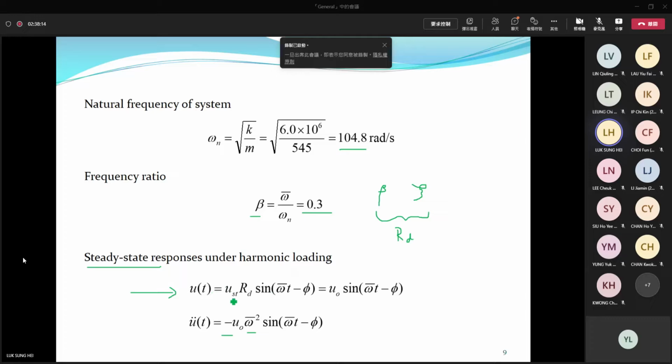I group UST RD into one symbol called U0, just to make the equation look slightly easier. So you have the equation for displacement, you have the equation for acceleration. These are the two things you are asked to evaluate in this problem. So finally, fill in the blanks, find out what is UST, find out what is RD, then problem solved.